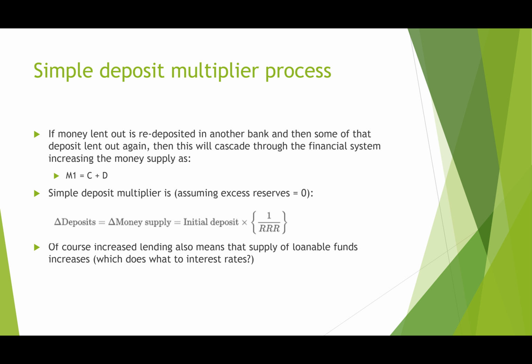The homeowner then takes that check that's come from the bank and deposits it into their bank. And that money is therefore in their bank and then can be lent out again by their bank. And that, etc., is going to cascade through the financial system, increasing the money supply, as M1, the money supply measure we did right at the beginning of the course, is equal to currency plus deposits.